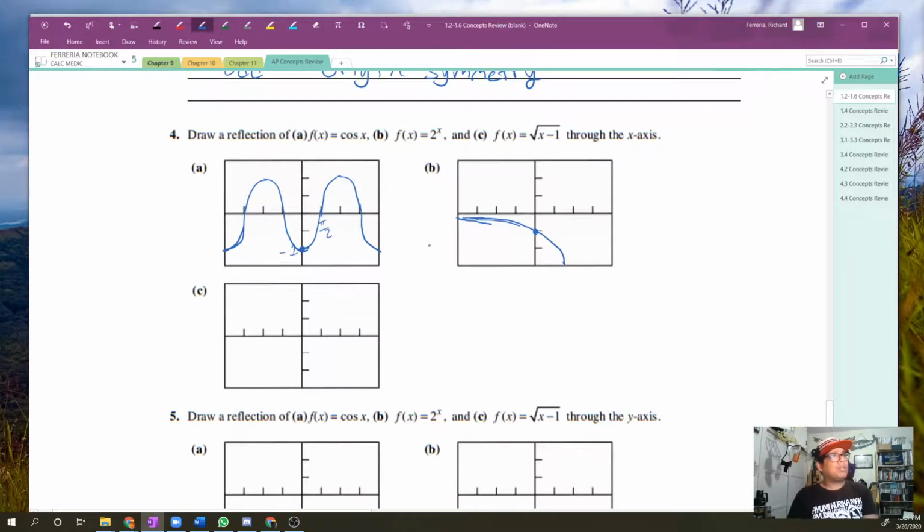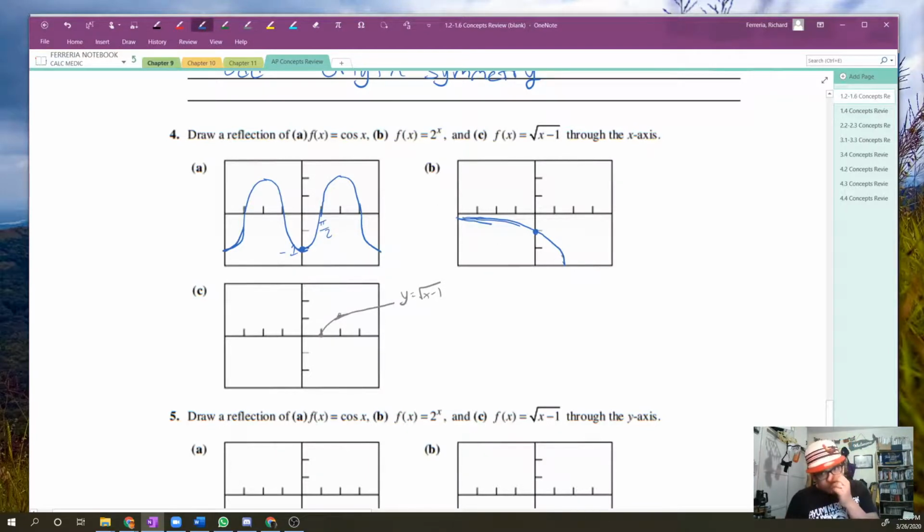And then how about the square root of x minus 1? Well, first of all, maybe we should draw the square root of x minus 1. When x equals 1, y equals 0. When x equals 2, y equals 1, etc. I think this is y equals root x minus 1.